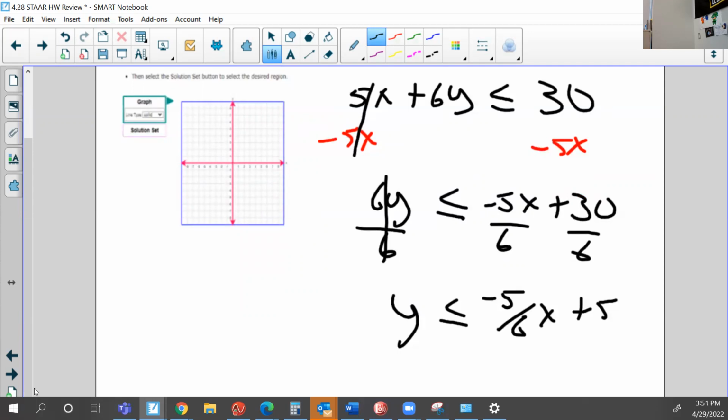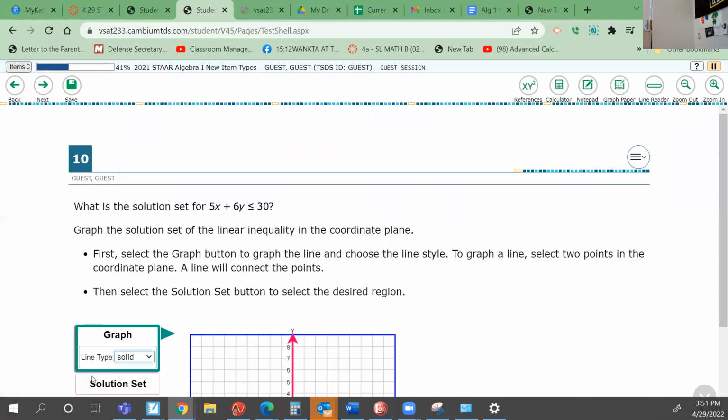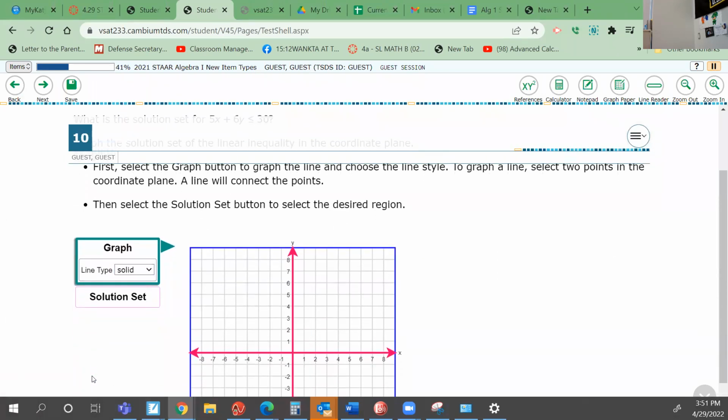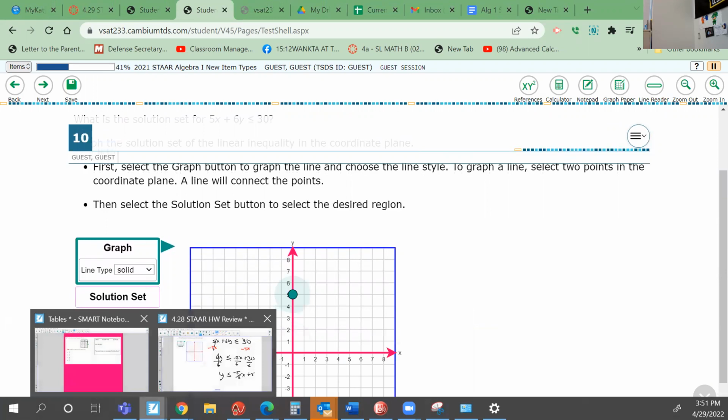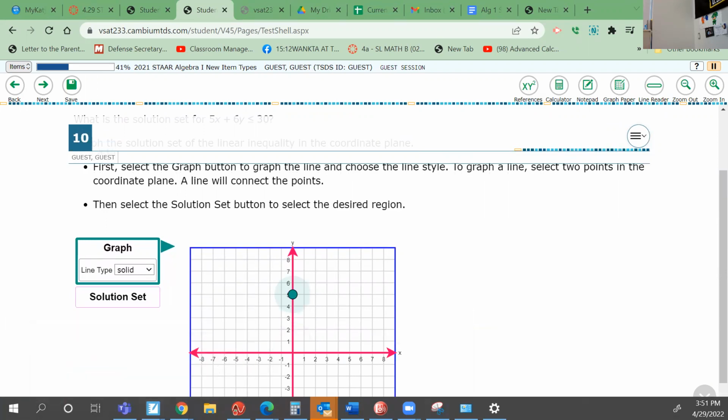I'm going to start at 5. 5 is my starting point on the axis. The slope is negative 5 over 6.